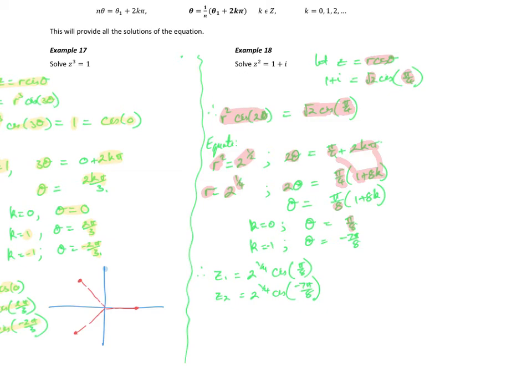So instead, I'm going to put k equal to negative 1 and get 1 minus 8, which is negative 7, and get negative 7 pi on 8 as my other solution. And that's already within the domain that I'm interested in. So my solutions are Z1, 2 to the quarter cis pi on 8, or 2 to the quarter cis negative 7 pi on 8. Hopefully that's getting a familiar sort of ring to it.